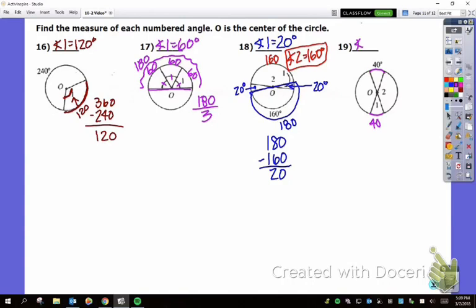So angle 1 equals 40 degrees. Then we know that this is a straight line, and this is 40, which means we can subtract 180 minus 40, which gives us 140, which means angle 2 equals 140 degrees.